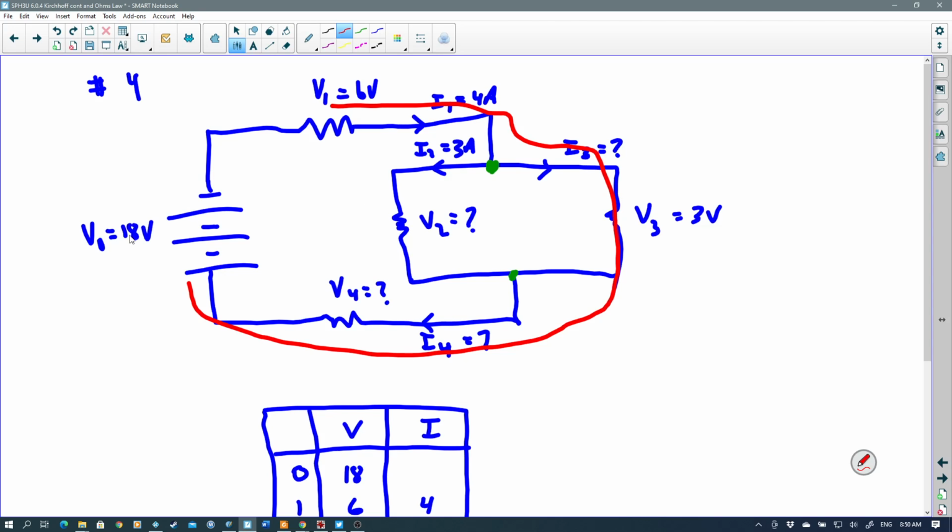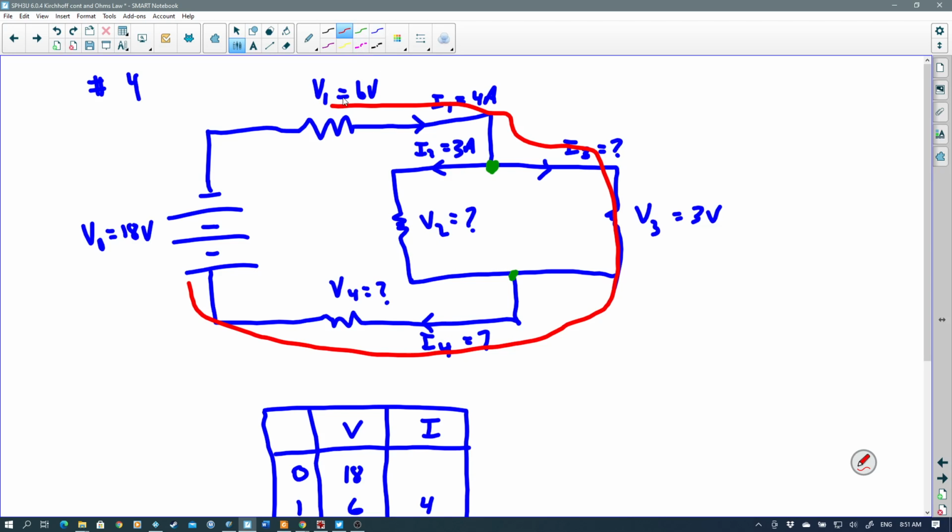And by the way, it was 18 volts to start. So the 18 volts to start, we have 6 volts taken away here, we have 3 volts taken away here. That's a total of 9 volts. How many volts are left to go through voltage 4? So we could write the equation out, but I'm sure you can see that the answer is going to be 9. So let's just fill that in.